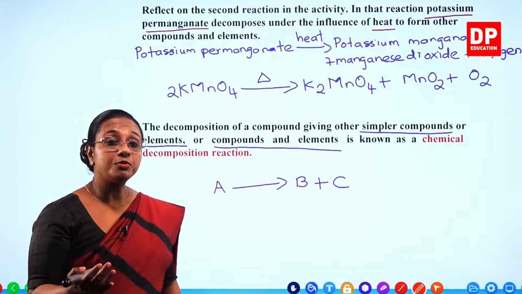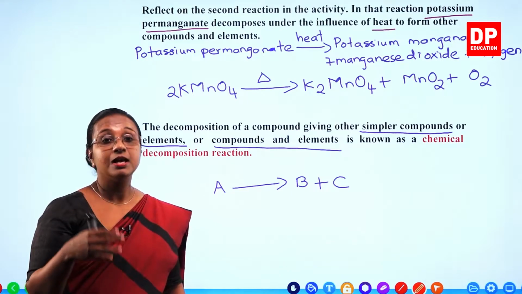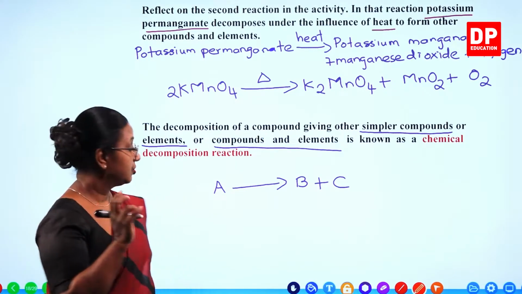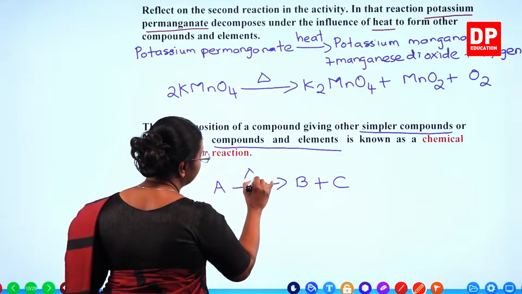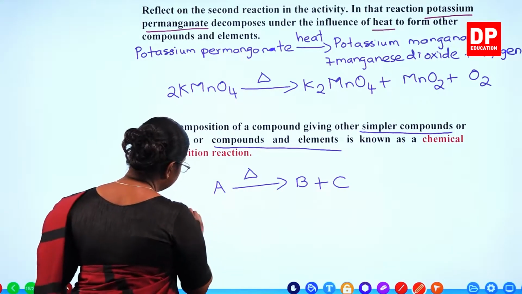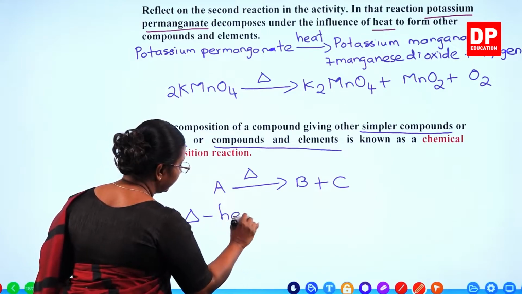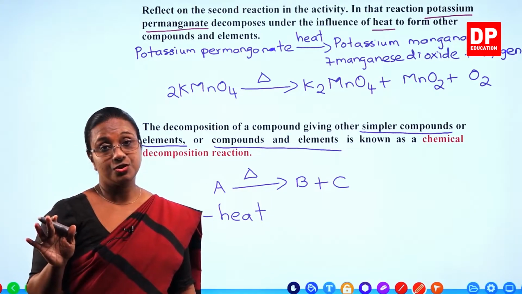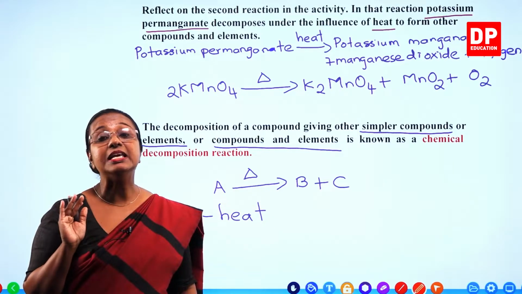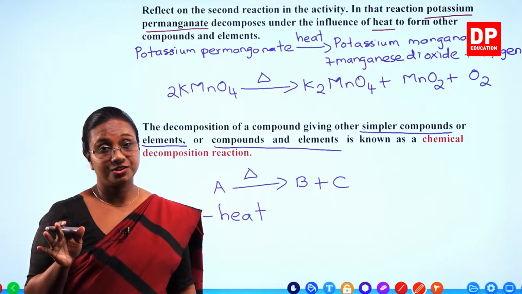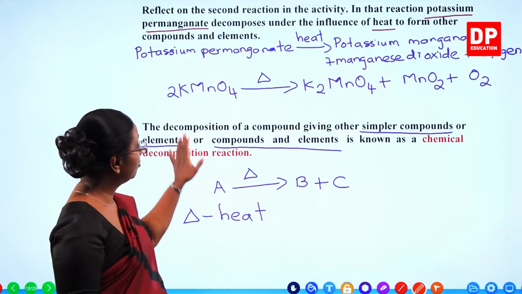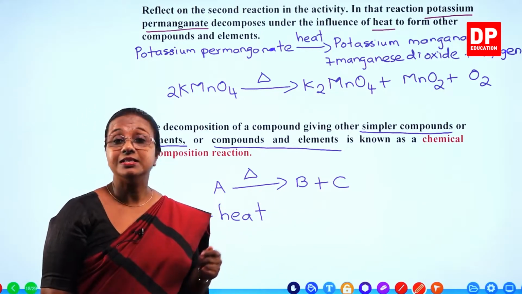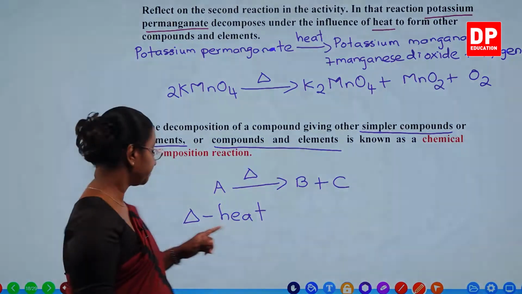And those two or more products can be elements, compounds, or compounds and elements. So usually we might need to heat it. And this symbol is for heat. Is that clear to you all? Chemical decomposition reaction. So now that you know what chemical decomposition reaction is, we will discuss some more examples.